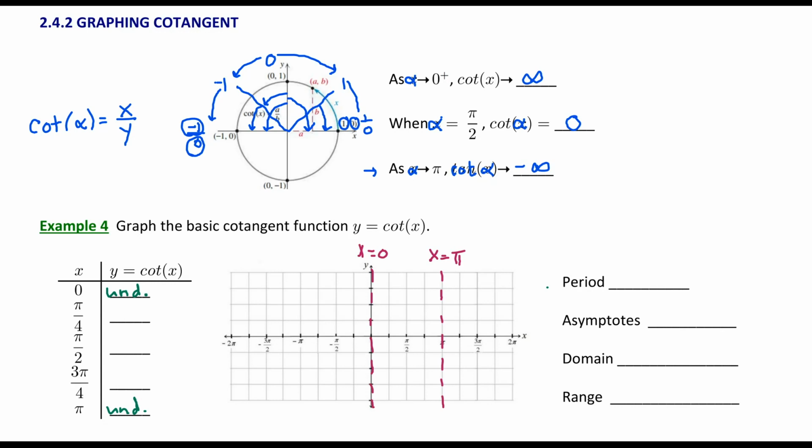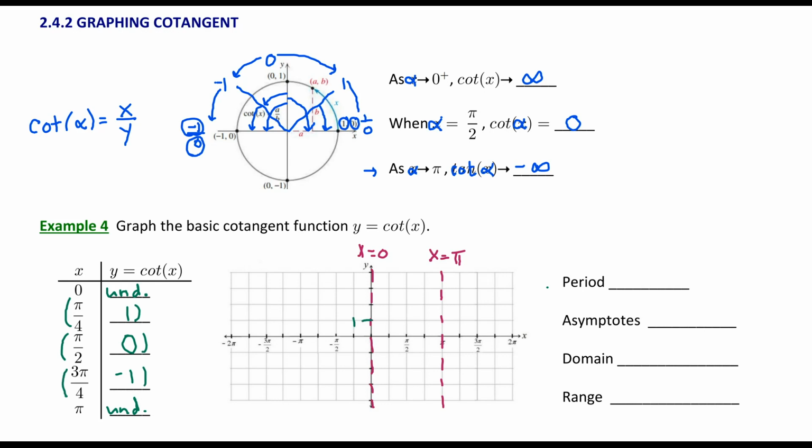We can then evaluate cotangent at other angles to generate some points to plot. At pi over 4, cotangent has a value of 1. At pi over 2, cotangent has a value of 0. And at 3 pi over 4, cotangent has a value of -1. So we have 3 key points to generate the shape of cotangent.